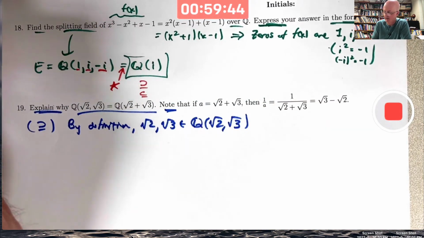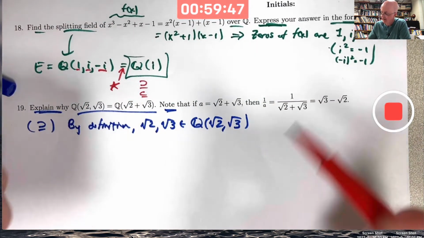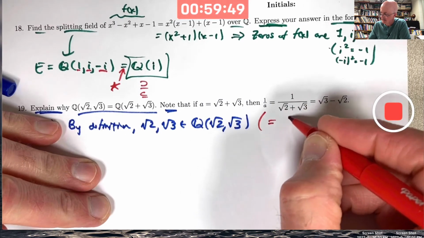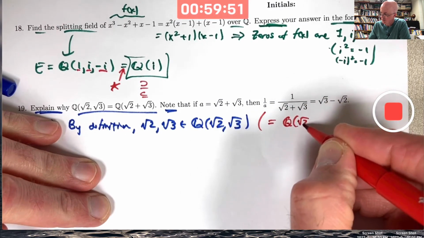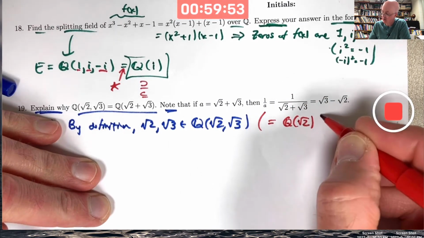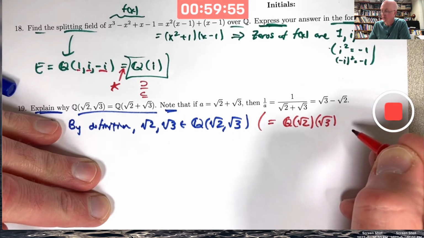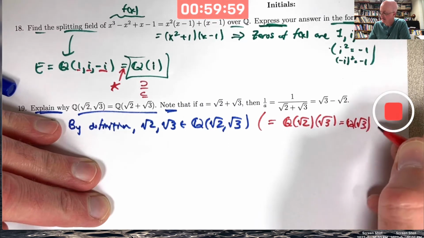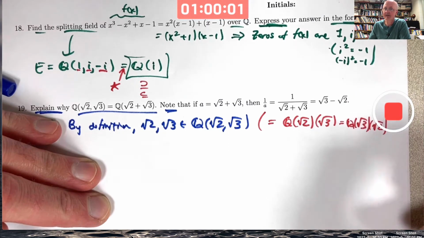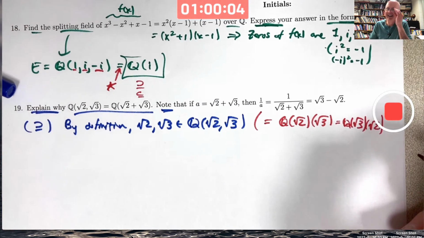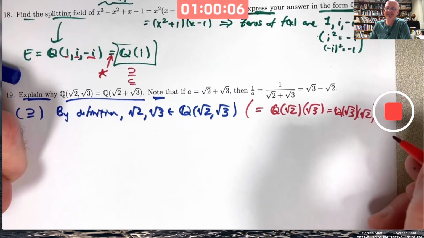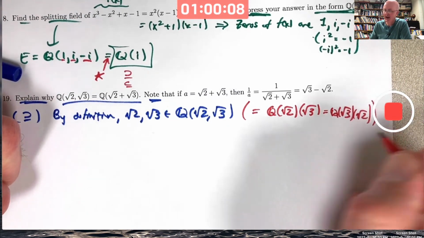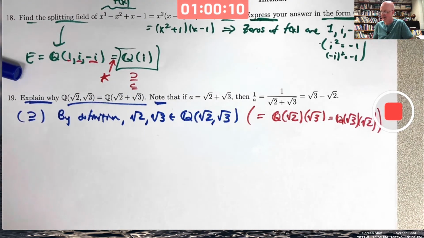It's not part of this problem, but it's worth mentioning. This does equal Q adjoin root 2, that field, then adjoin root 3, which also equals Q adjoin root 3, take that field and adjoin root 2. Okay, I said that kind of quick. Let you think about that. It's not really part of the problem, but it's just an extra side comment here.